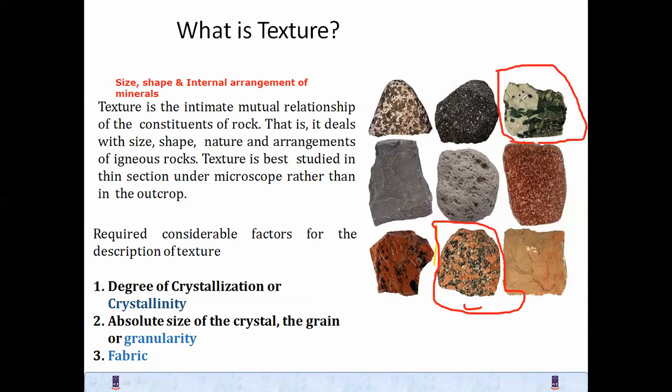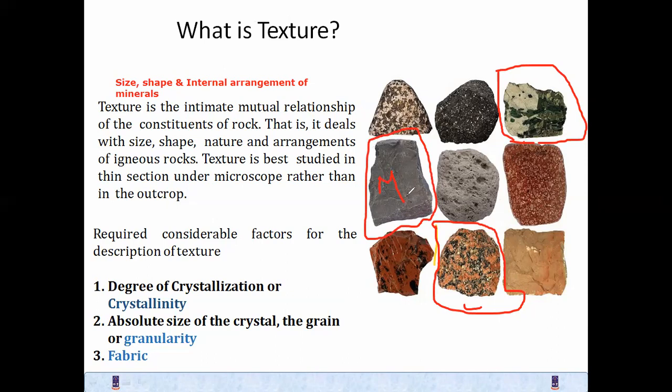So if a rock consists of different minerals, it shows different types of texture. So now this is the example of a monomineralic rock. Okay, where I have written M. So this is the monomineralic rock. Monomineralic means only one single mineral is there in that rock.